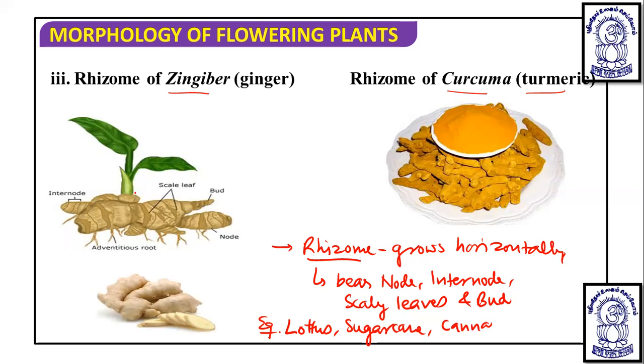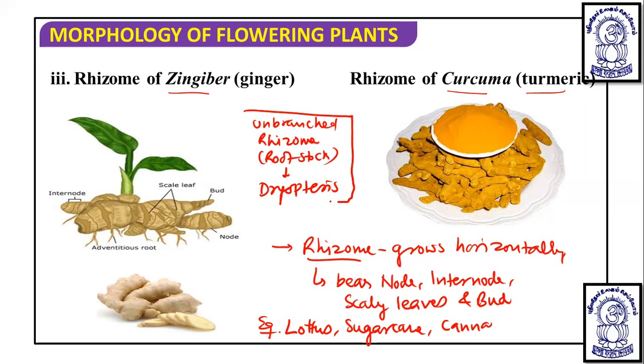An unbranched rhizome is found in the case of Dryopteris, and this unbranched rhizome is known as a rootstock. This is found in the pteridophyte Dryopteris. You can see here the rhizome of ginger has adventitious roots, node, bud, scale leaf, and internode, all are found.